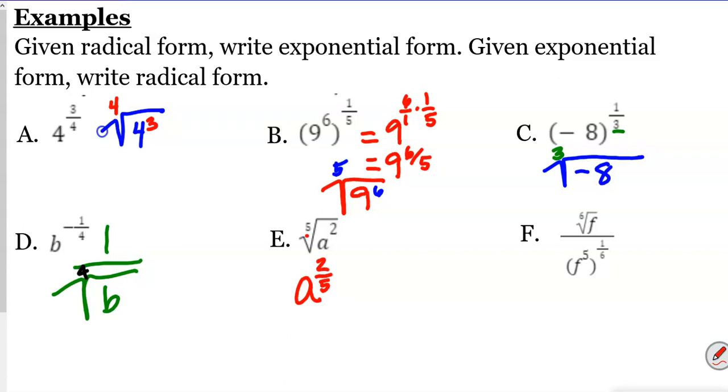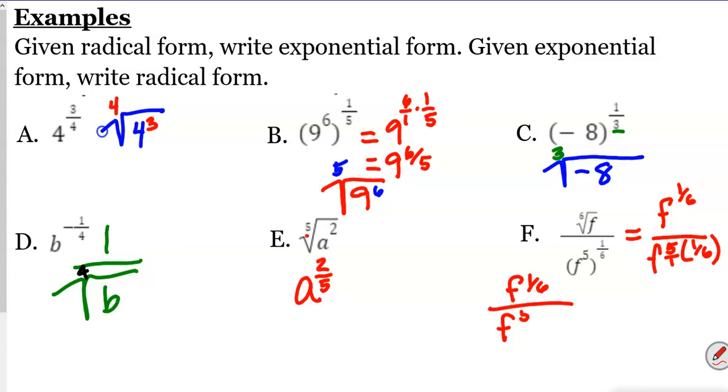And with f, this time again, we're going to write this as f to the what? 1 over 6. And then this down here is f to the 5 over 1 times 1 over 6, yes? So that means we've got our f to the 1/6 in the top and our f to the what? 5/6 in the bottom.